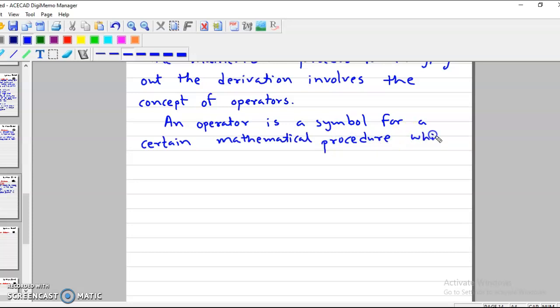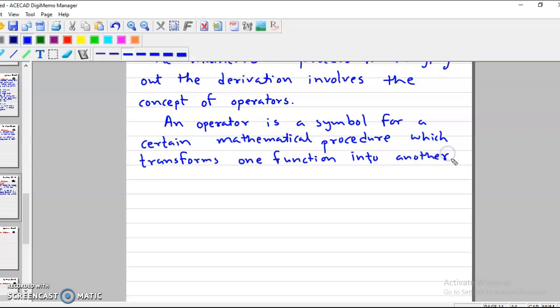Which transforms one function into another, or one value to another value.